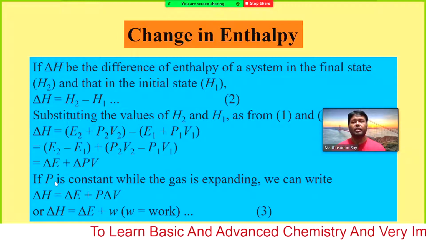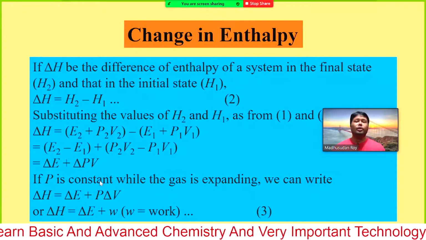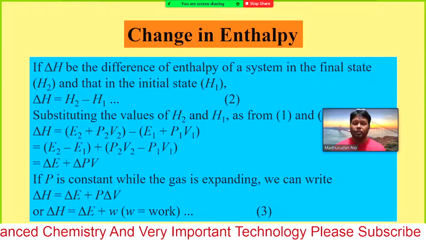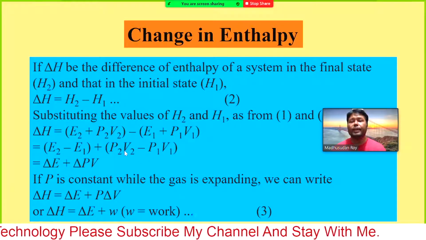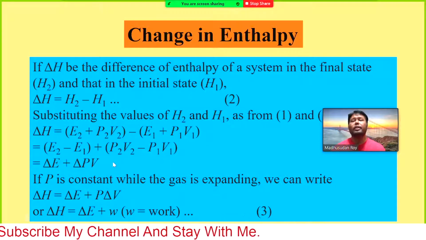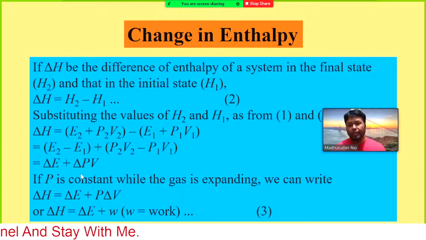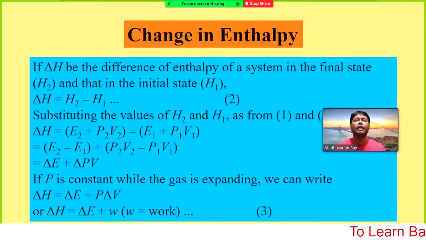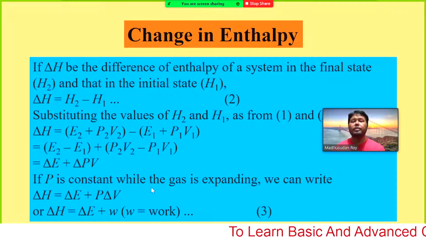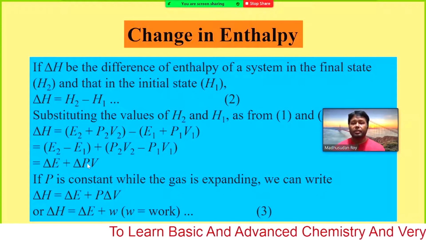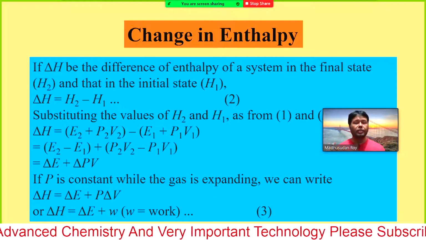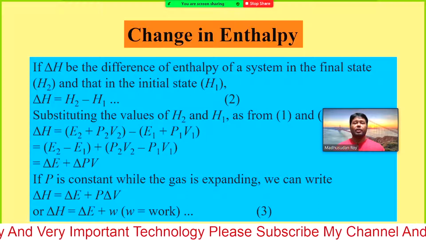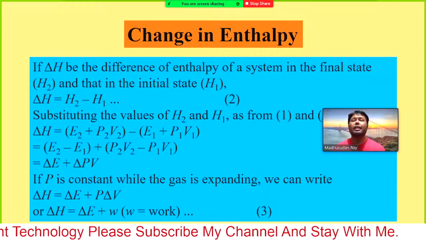Now if we consider the system to be an isobaric process, that means the system is at constant pressure, so if P is constant while the gas is expanding, there is no delta P; it stays as a constant pressure P. Delta V remains as it is.